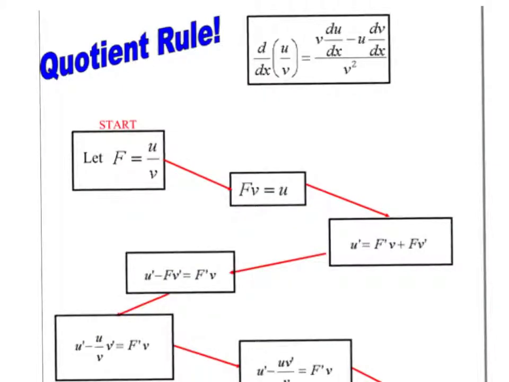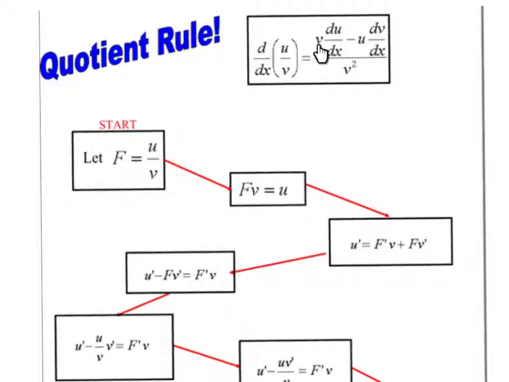Today we're going to look at quotient rule. I just want to briefly talk about the proof, but first let's just look at the formula. If we're taking the derivative of a quotient, a function divided by another function, we do the denominator times the derivative of the numerator minus the numerator times the derivative of the denominator, all divided by the denominator squared.